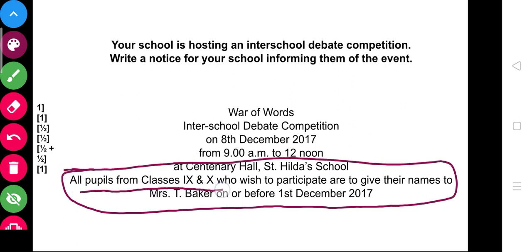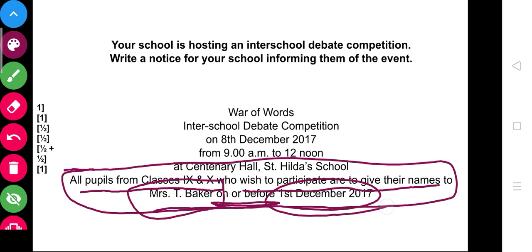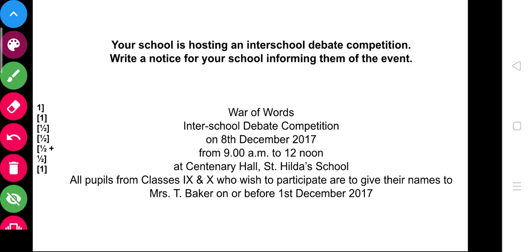All people from classes 9th and 10th who wish to participate are to give their names to Mrs. T Baker on or before the date. I told you how to differentiate between the dates of the notice. Then it is going to give you 1 mark.